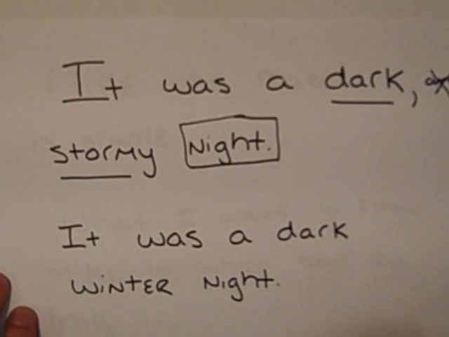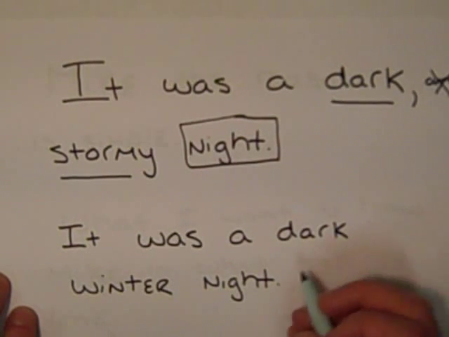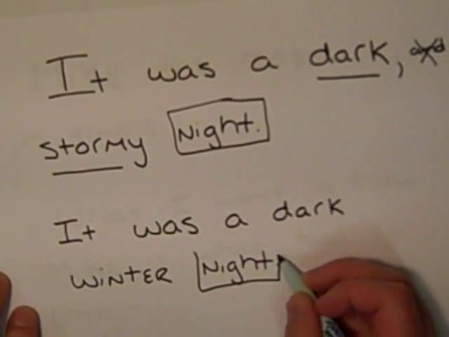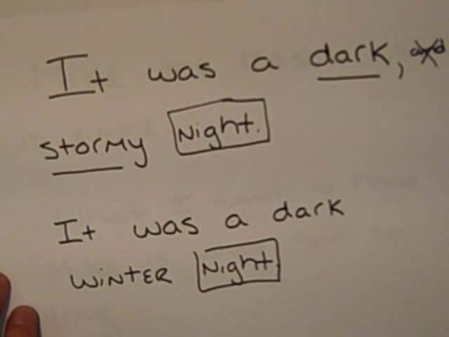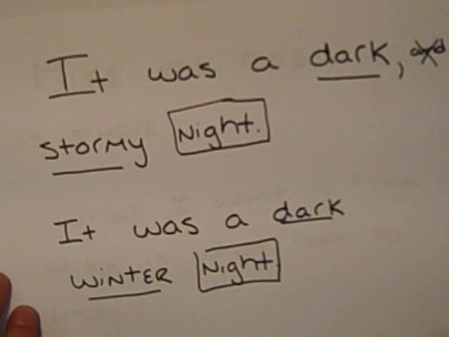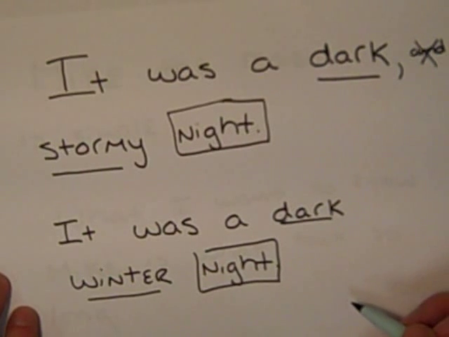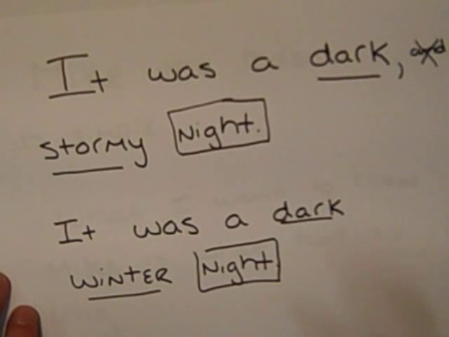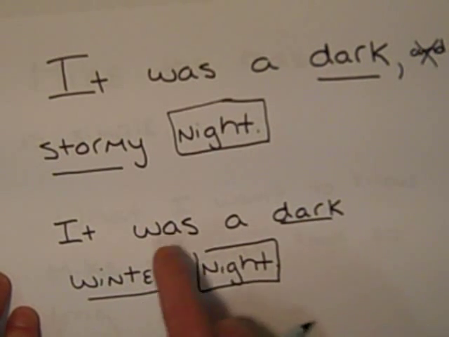In this case, though, if we tried to put "and" in between the two adjectives, so here's our noun, we have two adjectives, dark and winter, and if we tried to put an "and," it wouldn't sound right. It was a dark and winter night. The reason why that doesn't sound right is that winter isn't actually really an adjective in this case. Winter night is the noun phrase.